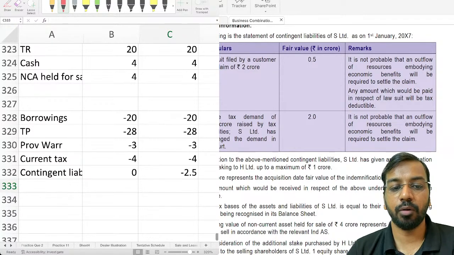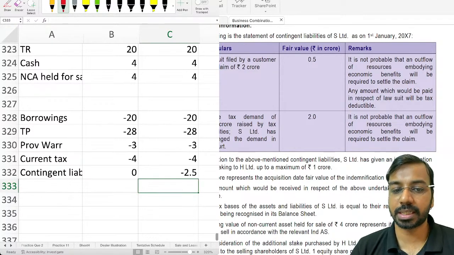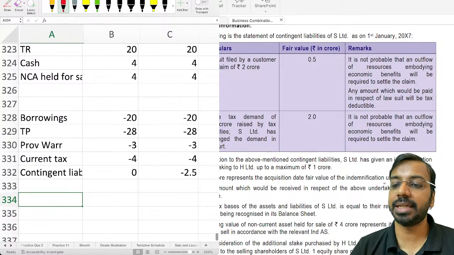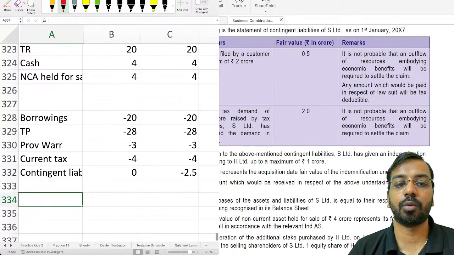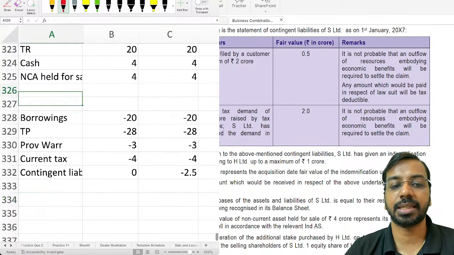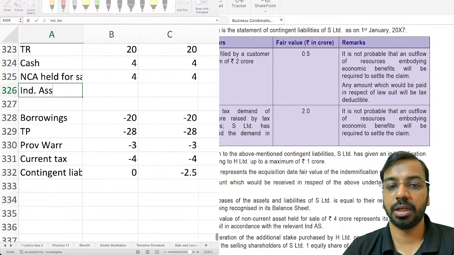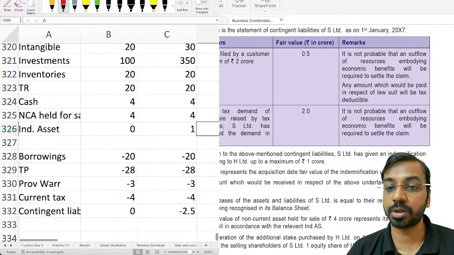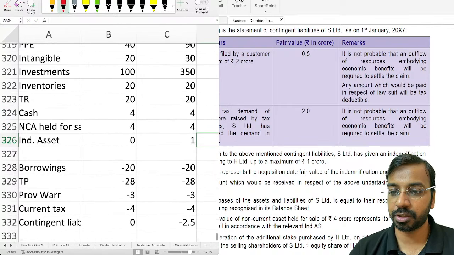Right? Now, what we need to understand is we have calculated all of this, and for this contingent liability there is an indemnification asset of 1 crore. So indemnification asset: nothing in the books, 1 crore in the financials.